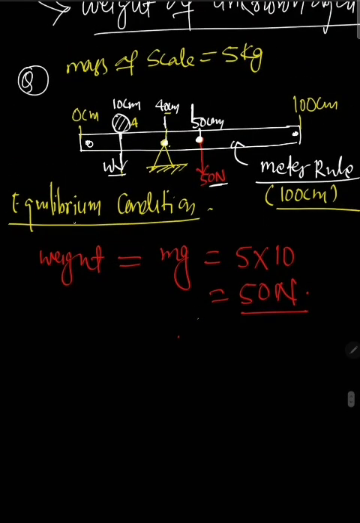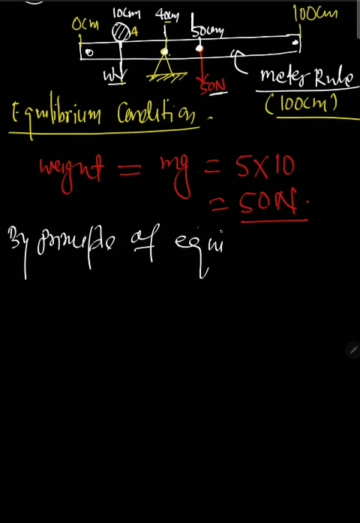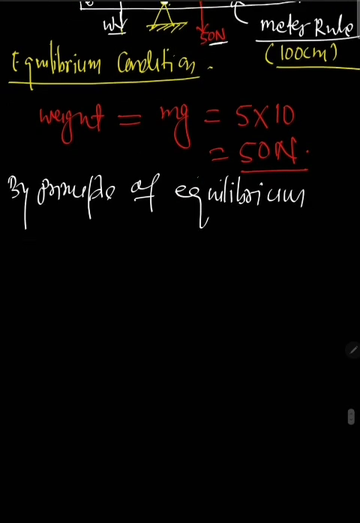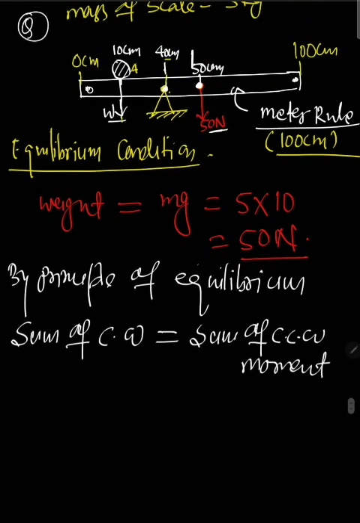As it is mentioned in the question that it is in equilibrium condition, by the principle of equilibrium we can write that the sum of clockwise moments will be equal to the sum of counterclockwise moments. First identify which one produces a clockwise moment.